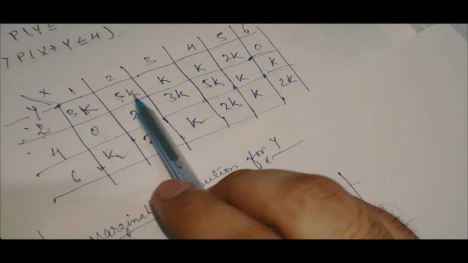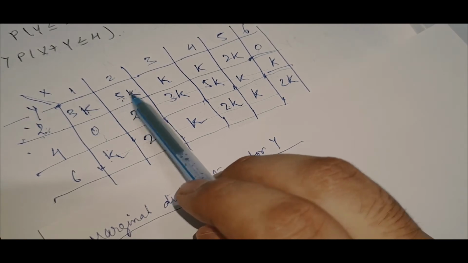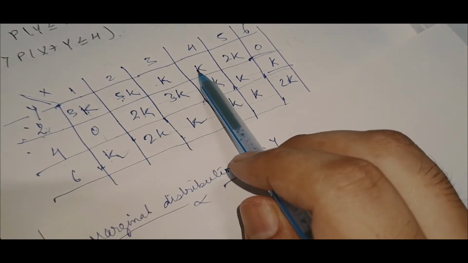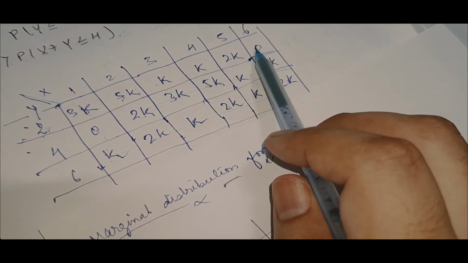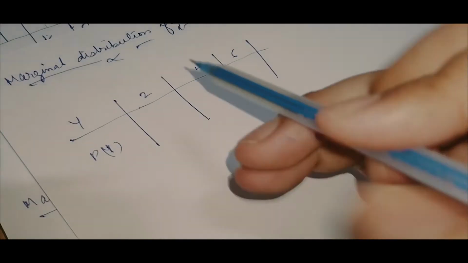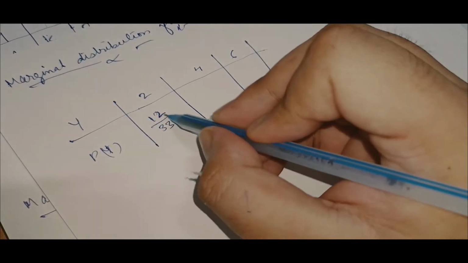Add all the row values: 3 plus 5, 8, plus 1, 9, plus 1, 10, plus 2, 12, and plus 0, that is 12k. What is the value of k? 1 by 33. So 12 by 33.